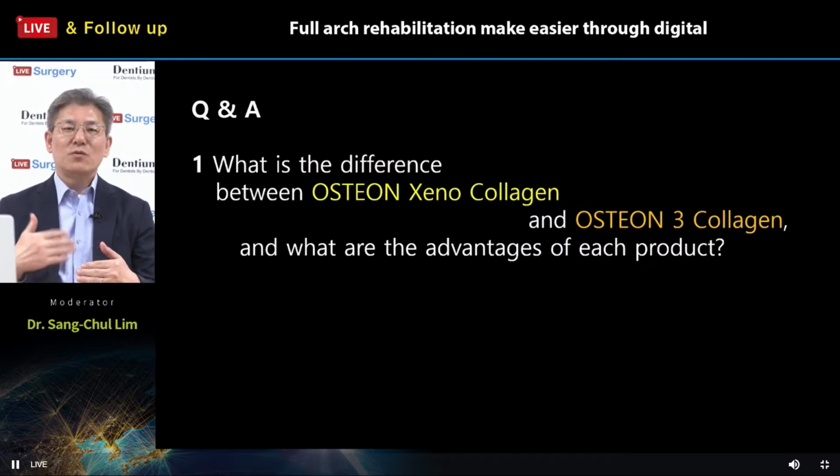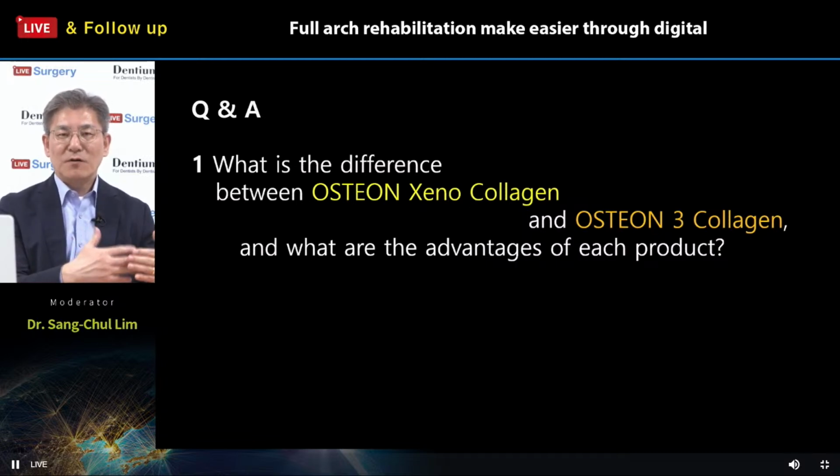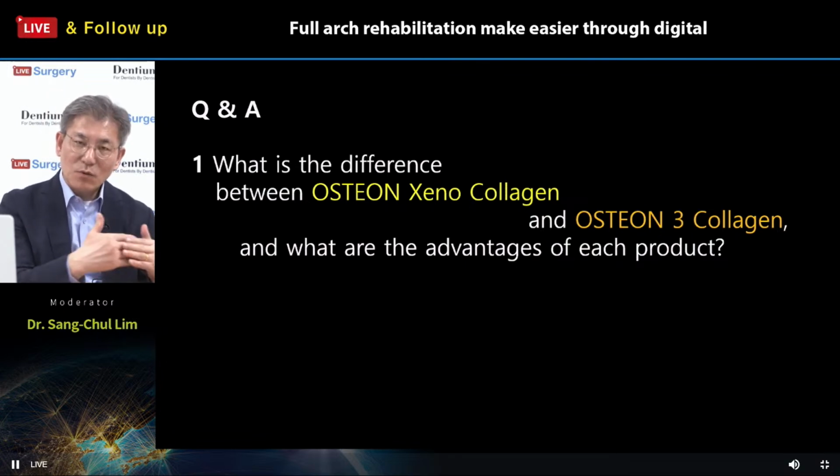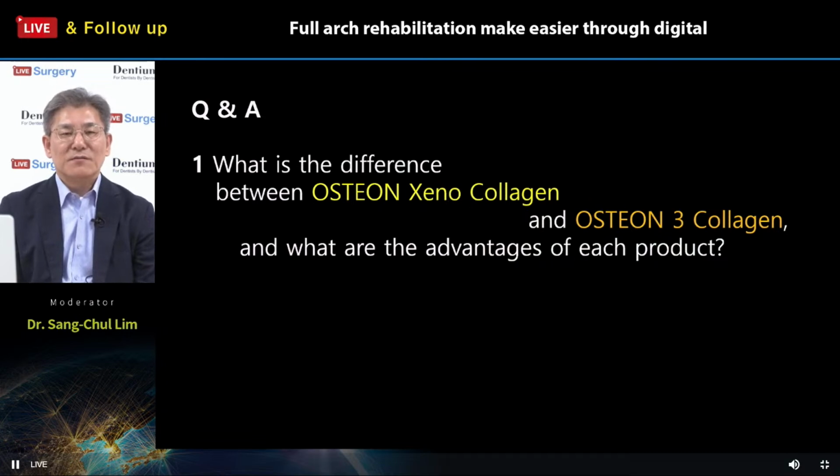If you want a little more bone formative function, you have to choose Osteon collagen. For bone volume maintaining function, you have to choose Osteon 3 collagen.